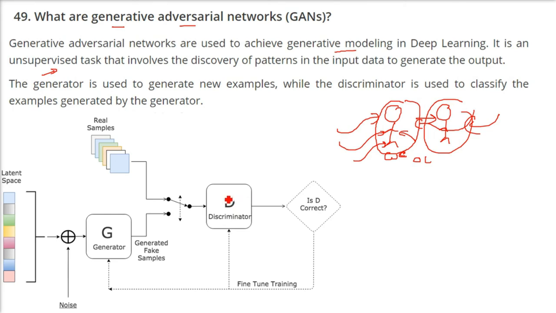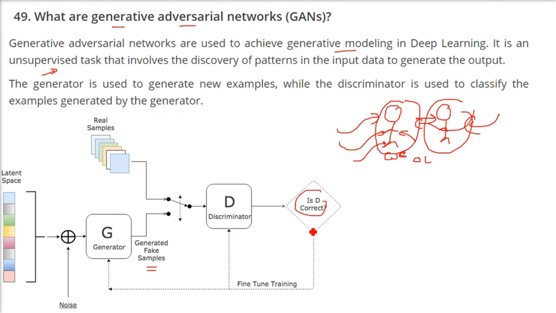So this is an example of real and fake ones. The generator is generating the fake samples, and there are real samples also coming. So the discriminator will tell which is the real one and which is the fake one. If the discriminator is incorrect, fine tuning will be done for both the generator and the discriminator.